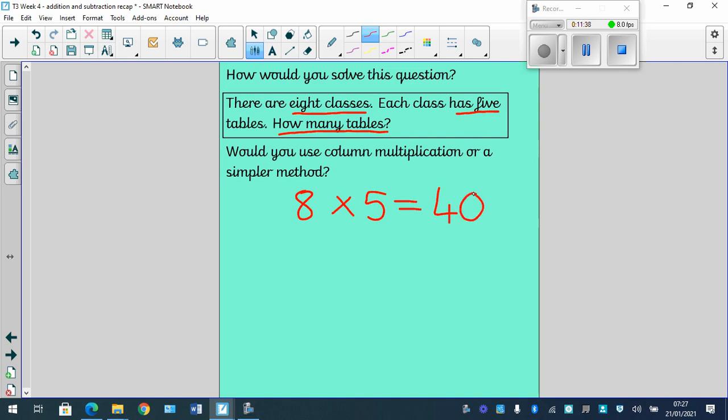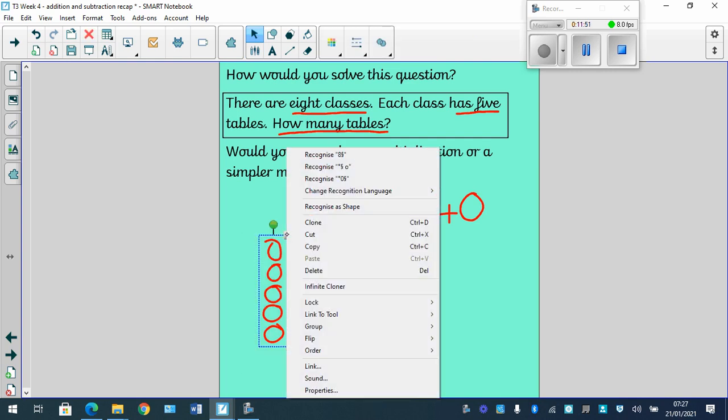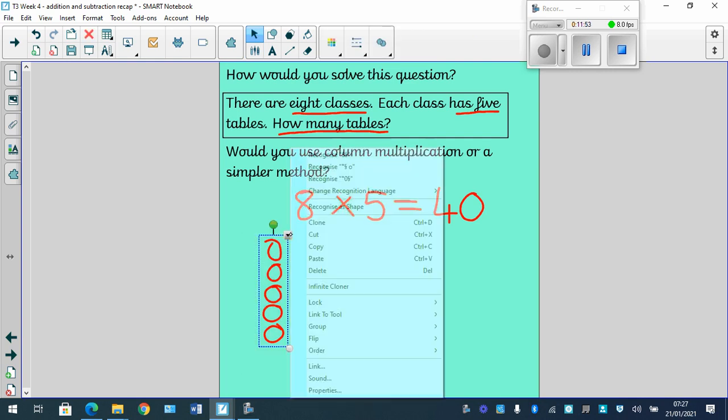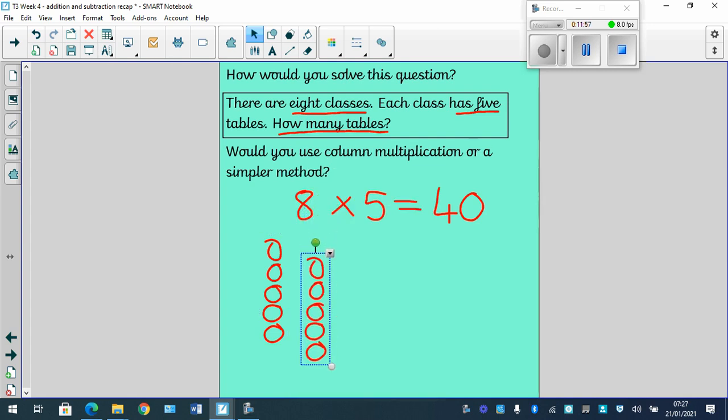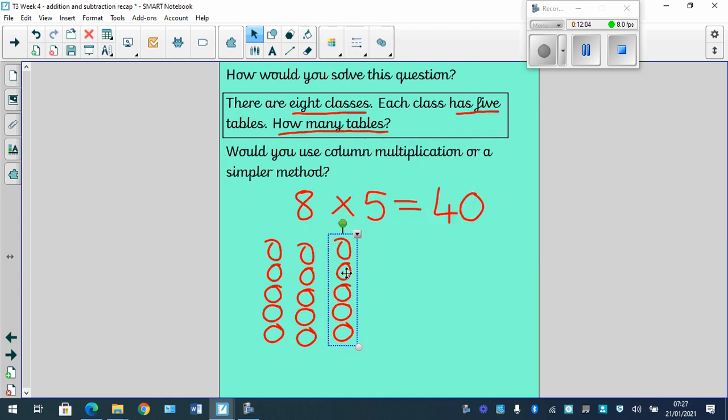I've got 40 tables. Sometimes you might want to do an array. 1, 2, 3, 4, 5. And arrays are really good at helping us if we need to practice a times table. There we go. There's another one.